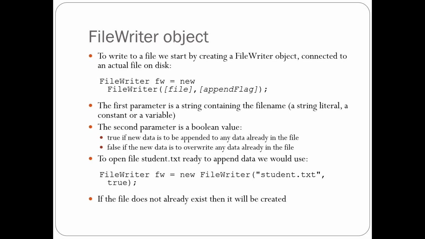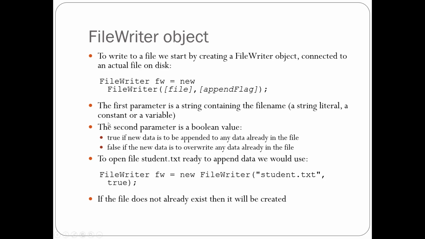If the append flag is set to false, you're almost treating that file as if it's a new one, and you want the FileWriter to overwrite what's already there. So it's important that you understand the nature of the append flag in the FileWriter, because if you get it wrong, you could overwrite the data that you've already created.